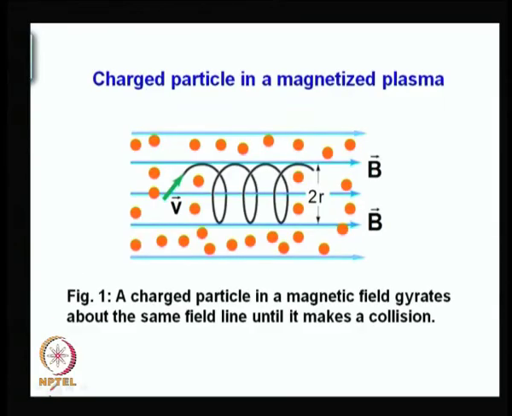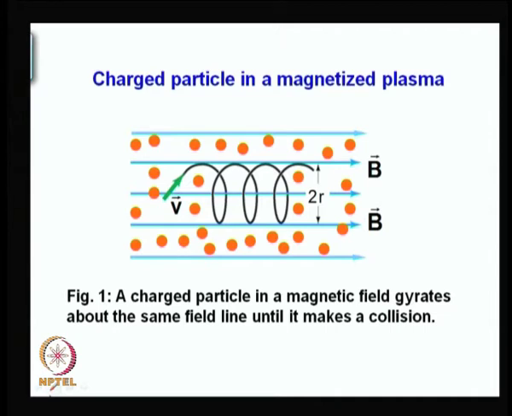It is a situation like this figure. Here I show you charged particles in a magnetized plasma, a single charged particle motion in a magnetic field. It is following a helical path. It is bound to a line of force in the magnetic field.